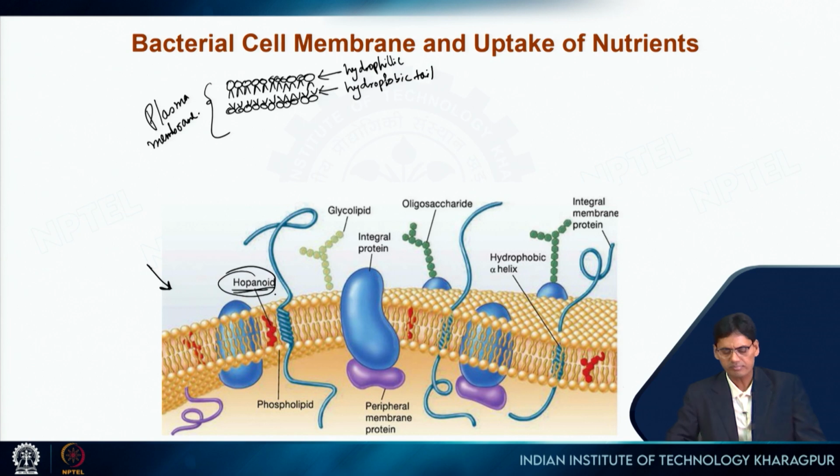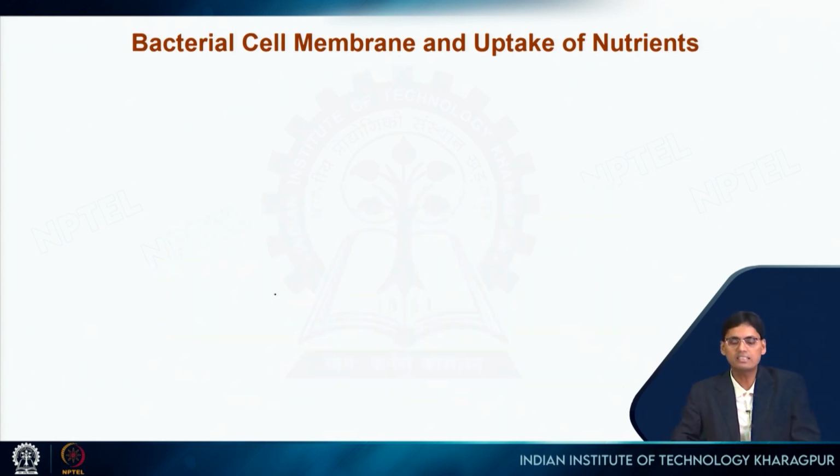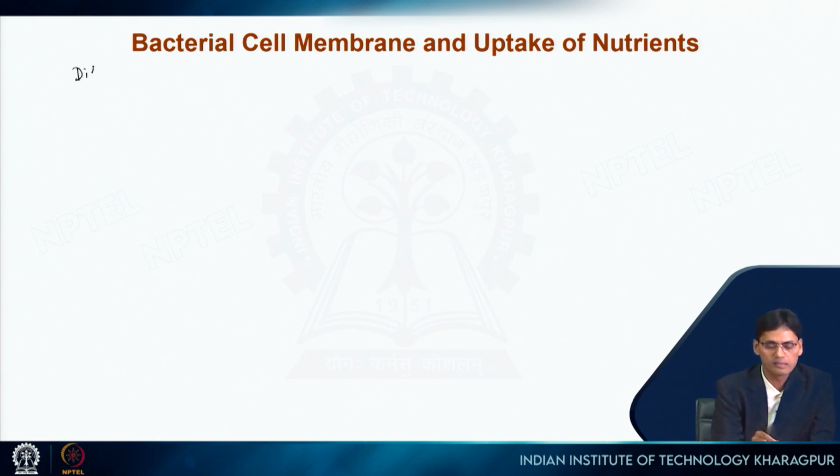Now, if I go to the next slide, the bacterial cell membrane and the uptake of nutrients. There are two major types of uptake: one is diffusion, and the other is the active transport mechanism.